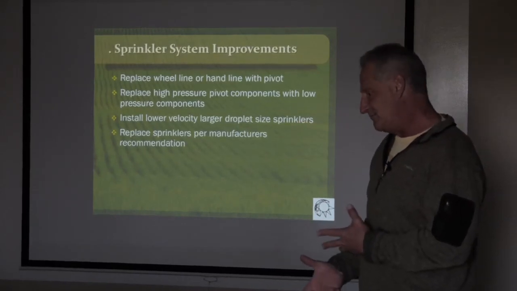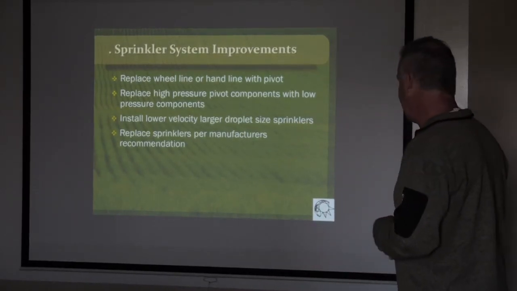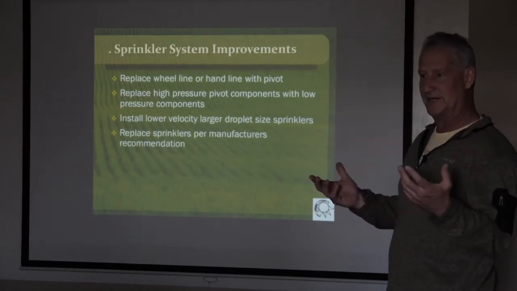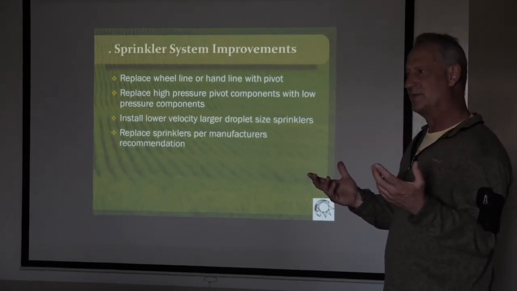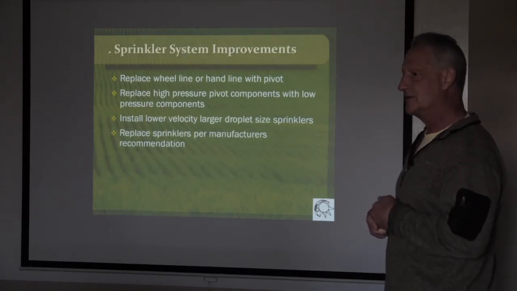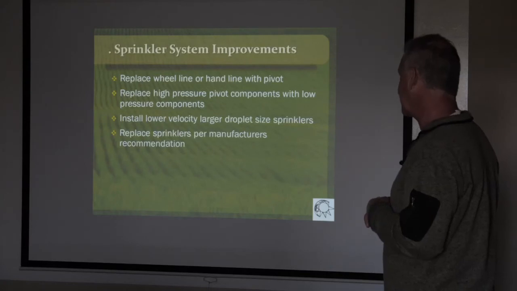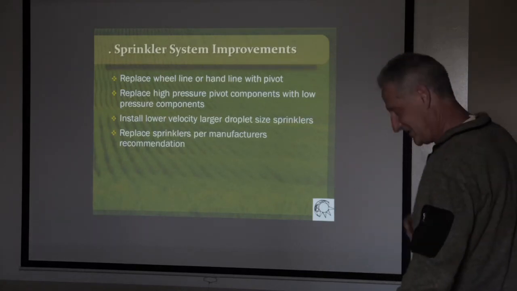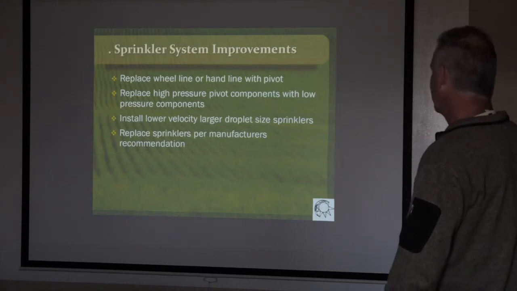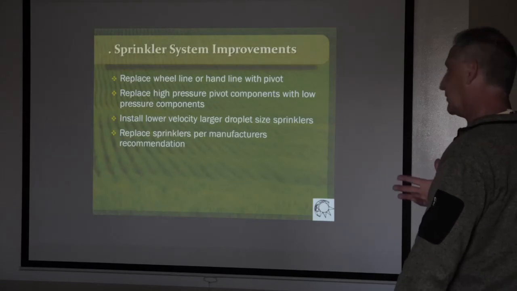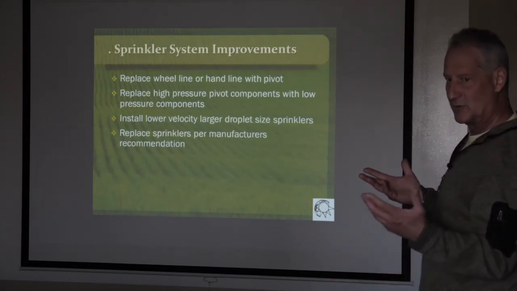So for the system, maybe we can replace a wheel line or hand line with a pivot. That's very common. It seems like we put a lot of pivots in here recently, the last 10 years. Lots of new pivots out there. And if you have a high pressure pivot, you can put low pressure components on it.